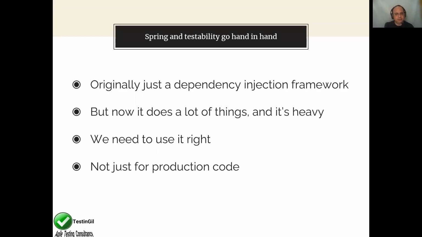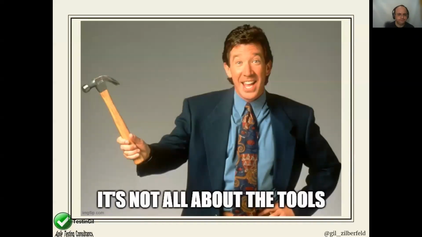And it's not just for the production code, also for the testing code. And one final warning, it really isn't just about the tools. We get great tools. Spring is a great tool. Spring Boot is a great tool. It brings a lot to the table. And the more we know about what it brings to the table, the better and more effectively we can use it.